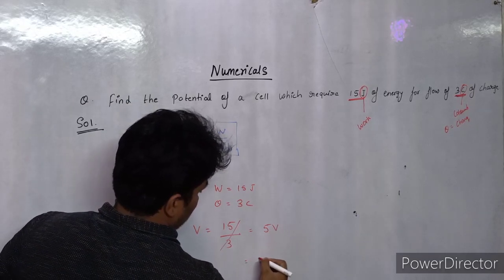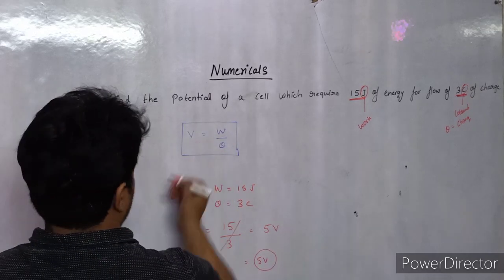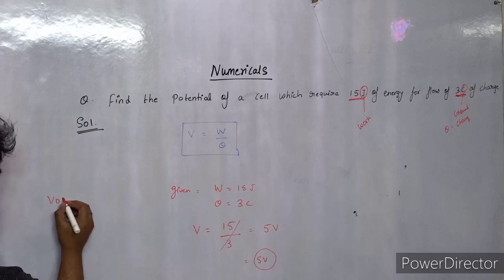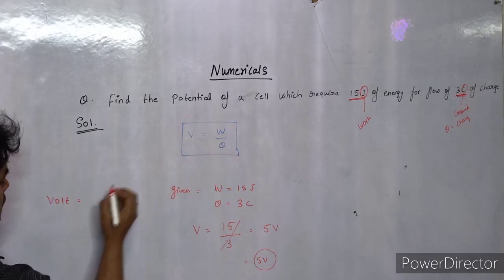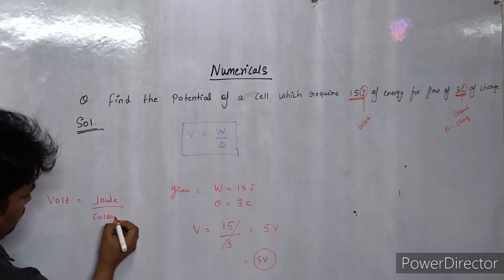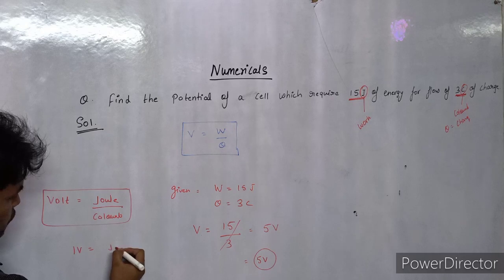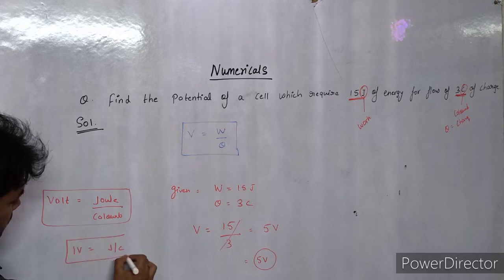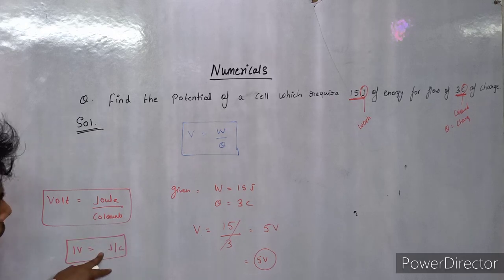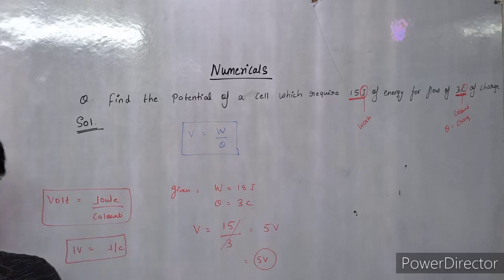The answer is 5 volt. So always remember this formula, and the unit is volt for V, joule and coulomb. So 1 volt equals 1 joule per coulomb. This is the remembering point. This is a simple numerical based on this formula.